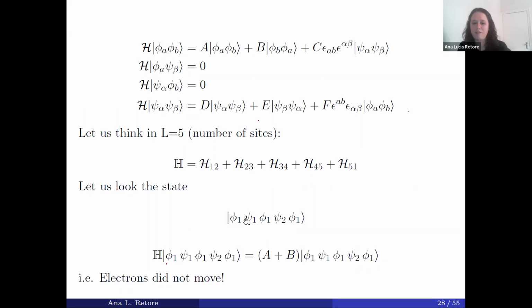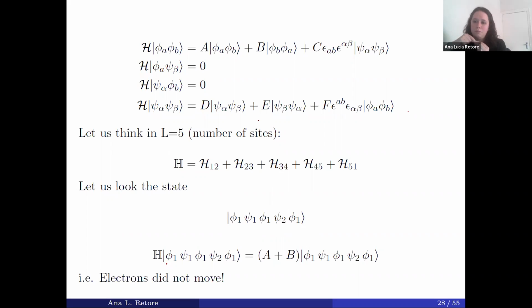If you have fermionic states, like in this example, a 5-site chain with phi1, psi1, phi1, psi2, phi1, this one is empty, so it's no particle. This has one particle of spin up and this one down. So you have just one electron alone in the chain.